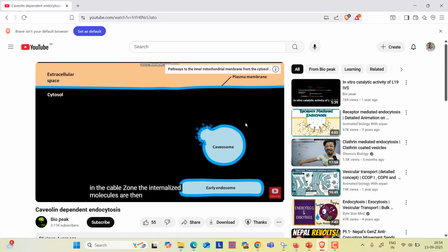Internalized molecules are then sorted, and the caveosome containing sorted internalized molecules moves towards the early endosome and fuses with it. The fusion delivers the sorted internalized molecules from the caveosome to the early endosome, where they are prepared for recycling to the plasma membrane surface.